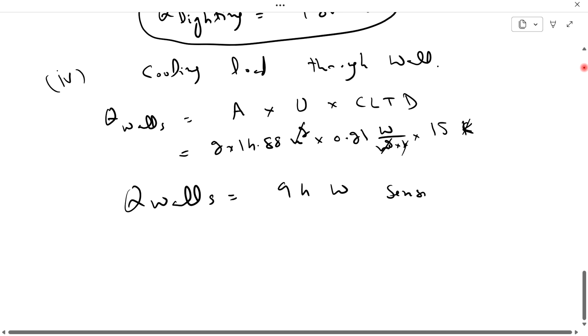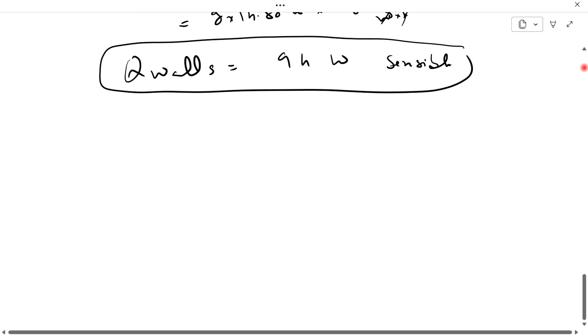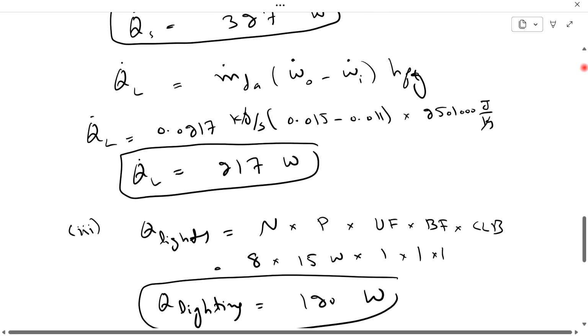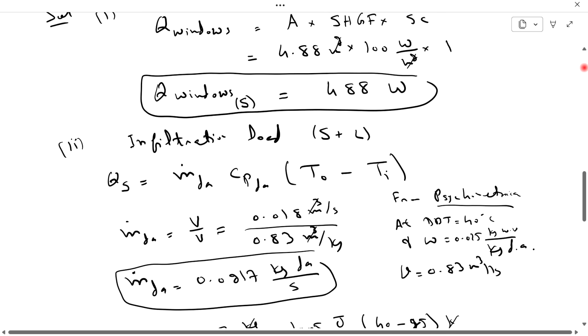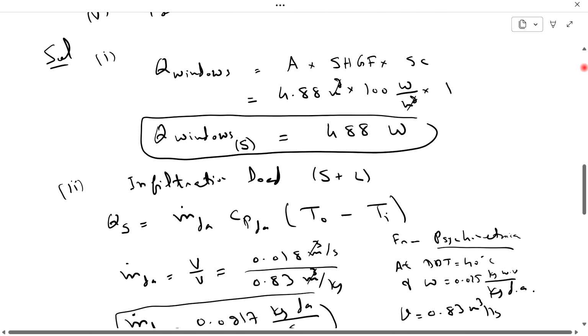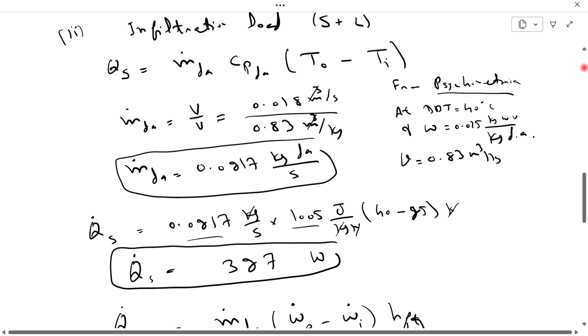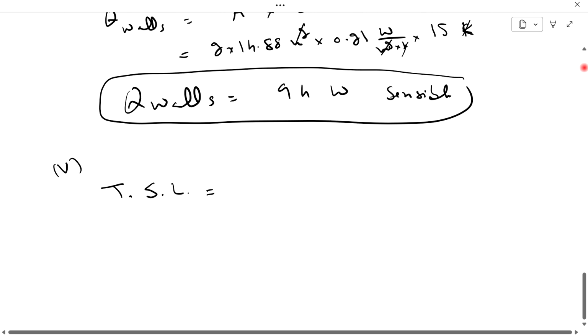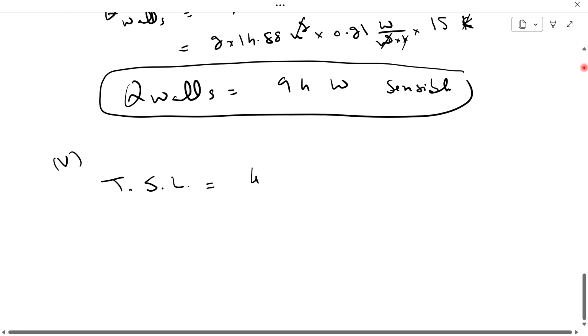Now it is required to find the total load at the last point. First we find total sensible load. Total sensible load is equal to, in first part, the window is 488 watt sensible.